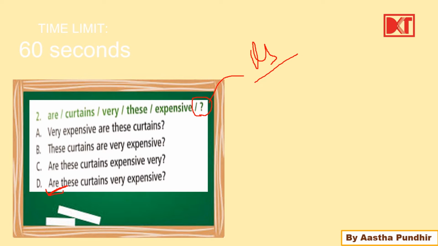So here, the correct answer is D. So are these curtains very expensive? Alright, first we're talking about the noun, the curtains, then we are asking if they are very expensive, the adjective. Alright, so the correct answer is D.